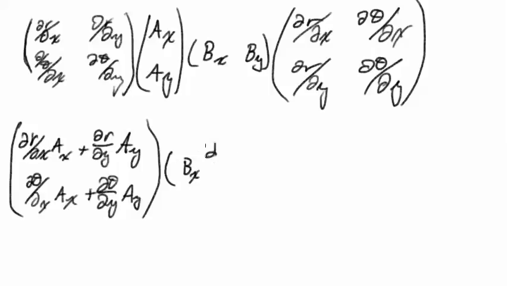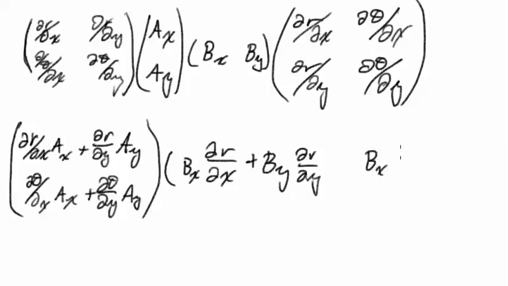I don't want to commute anything by accident. B sub x del r del x plus b sub y del r del y, and then as our second term, b sub x del theta del x plus b sub y del theta del y.